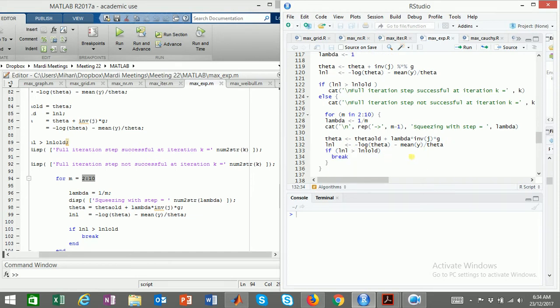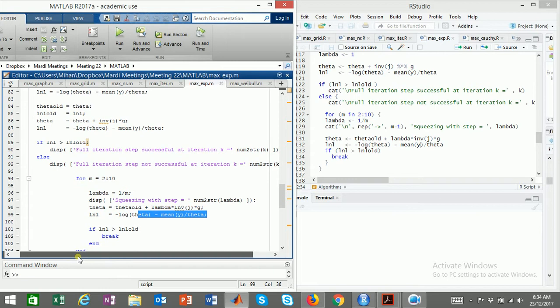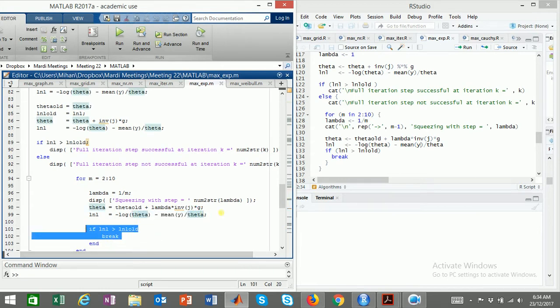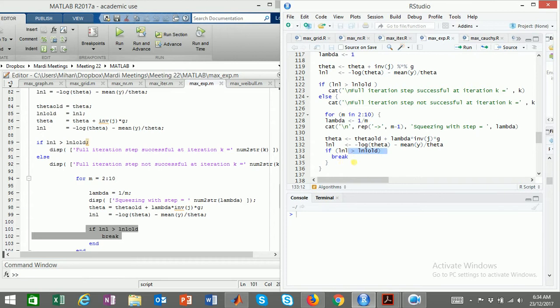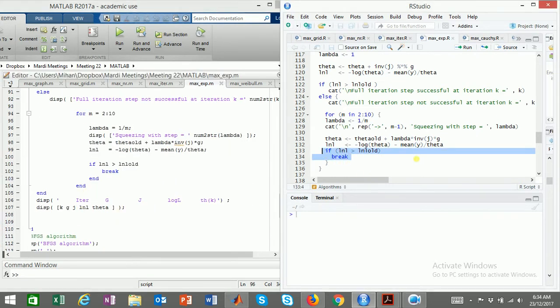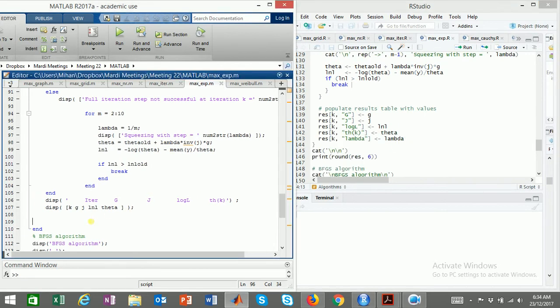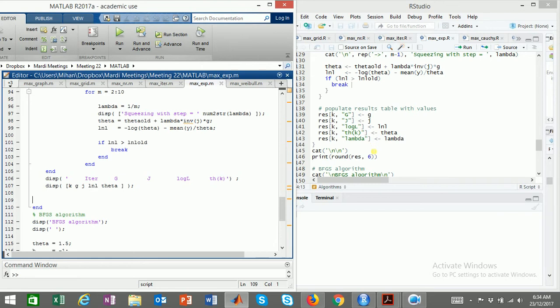Okay, the for loop will continue. When log L is greater than log old, then we'll break it, otherwise it will continue, then display. Populate result tables with values, no tweak in there, print.